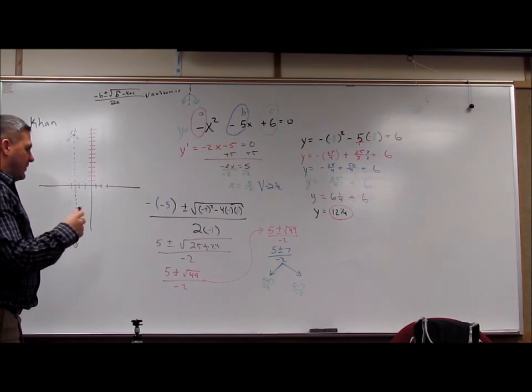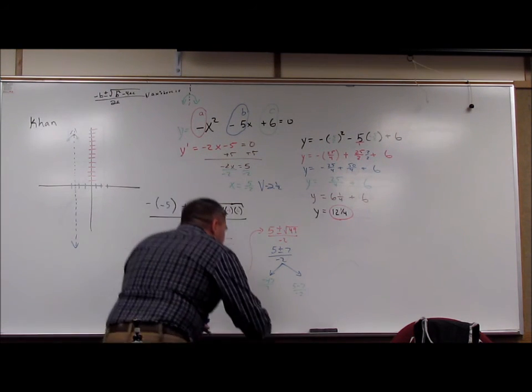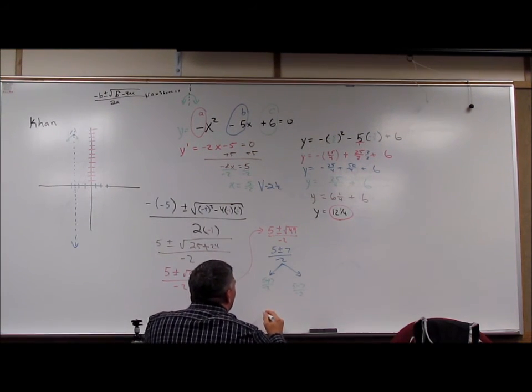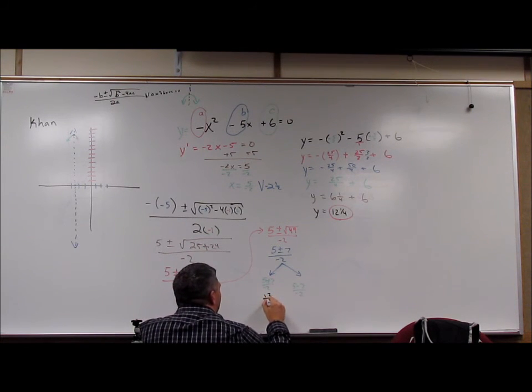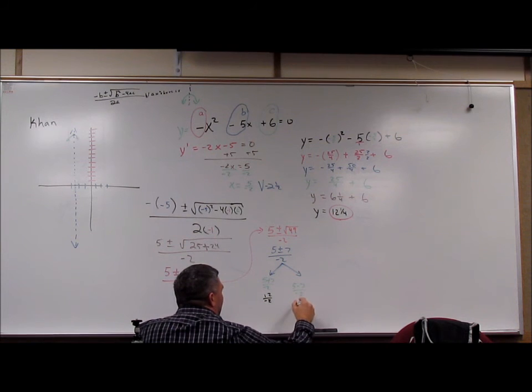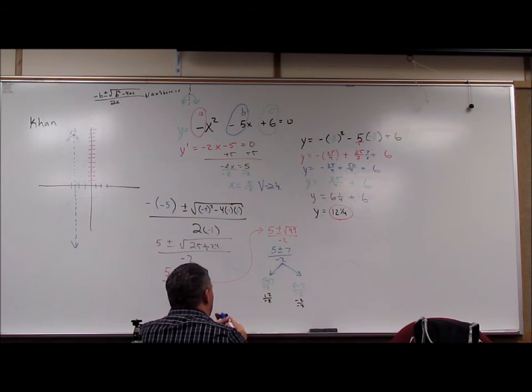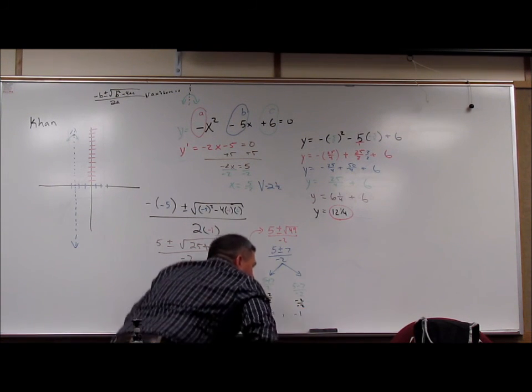And so now I've got 12 divided by negative 2 and negative 2 divided by negative 2. So now I have negative 6 and positive 1.